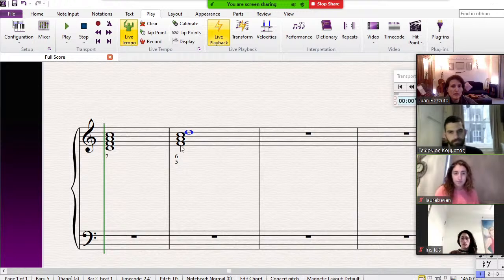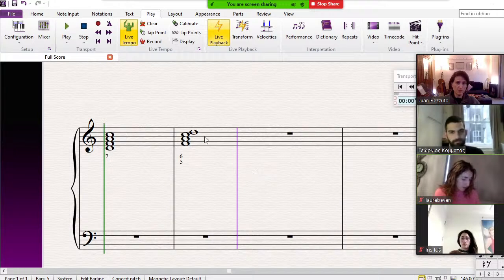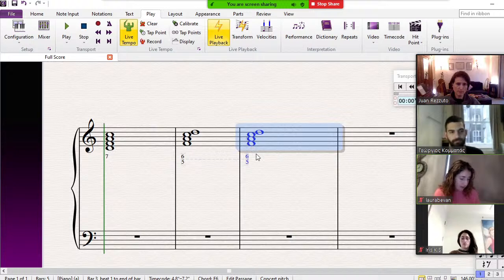You have a 6, and then here you have a 5. So 6 from here to here, 5. Now before, we're going to carry on with the inversions. Don't worry. But we're going to see the story of figure bass very quickly. It's not necessary to see the whole story, but very quickly.